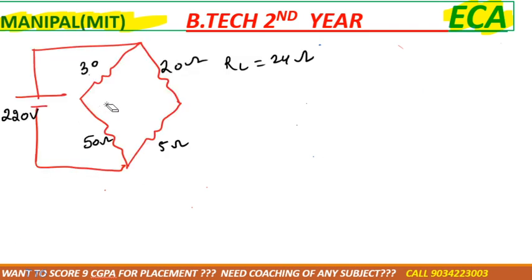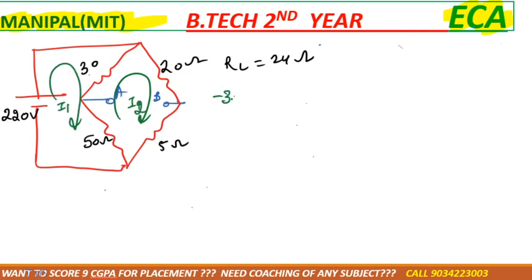Okay, fine. So in this case, first, RL was 24 ohm, which I removed, right? And then you are moving from A to B, so I'm considering this one as I2 and this one as I1.